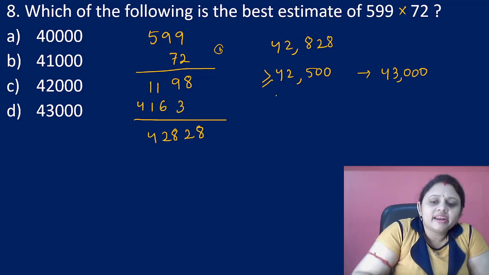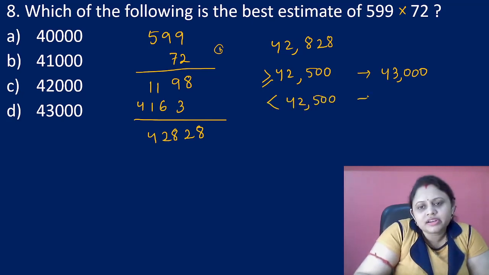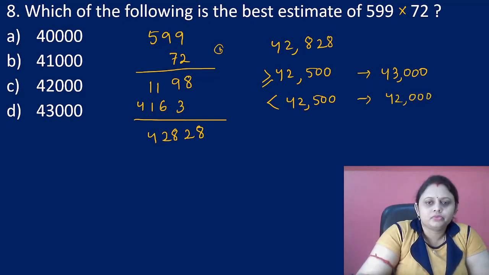And if the value is less than 42,500, then it will be 42,000.